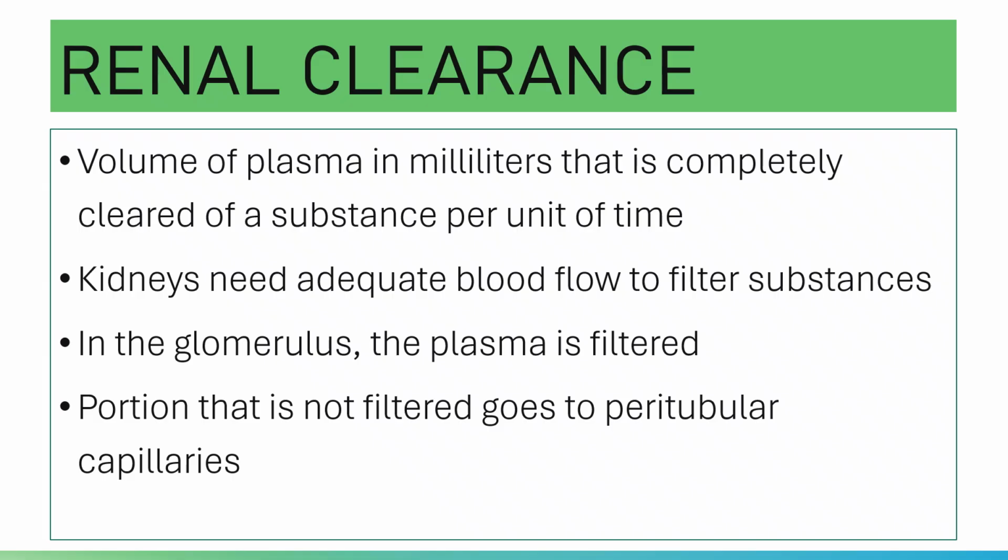But then in the glomerulus, please note that the plasma is filtered, but not all of the plasma is filtered. What will happen to the portions that are not filtered in the glomerulus? They will go into your peritubular capillaries.